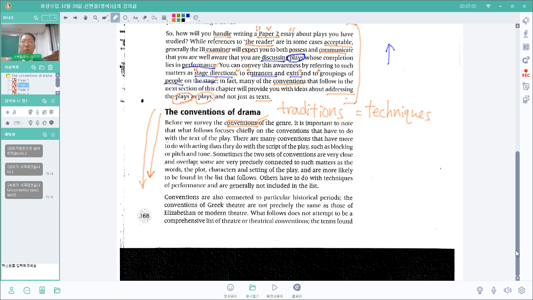we have two types of technique. We have two types of drama techniques. One is for literature or text. Okay. The other one is a technique for actual performance.